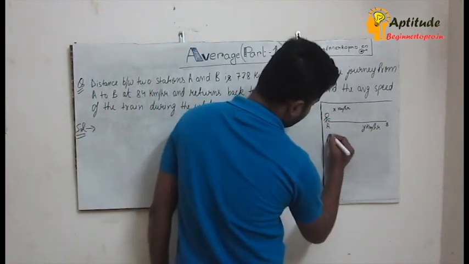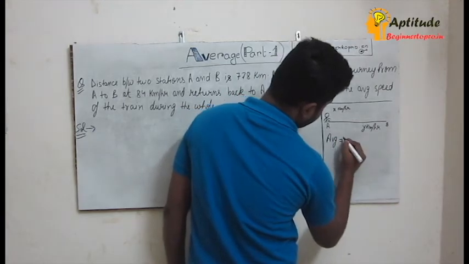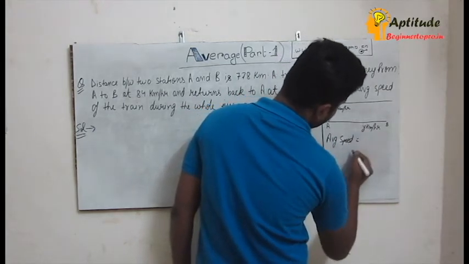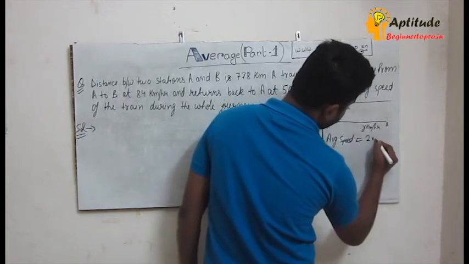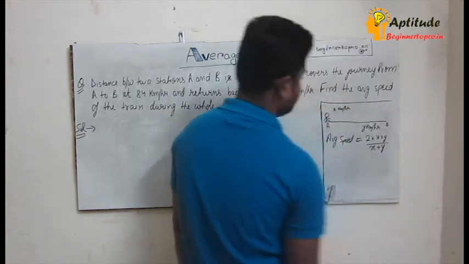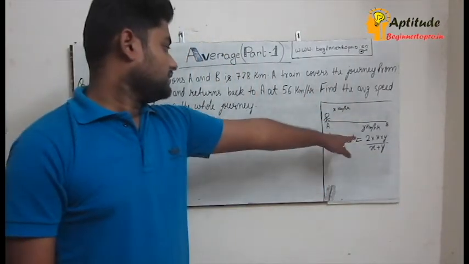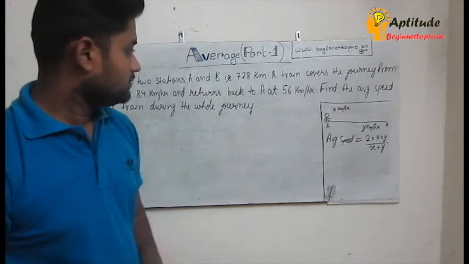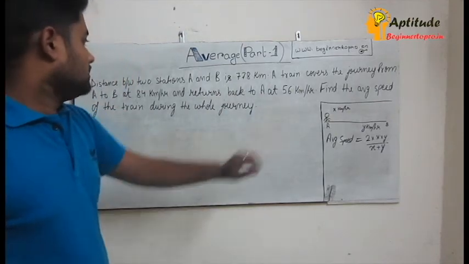The simple formula to find average speed is 2 into x into y upon x plus y. So we will use this concept in this question because this question is similar to this concept.